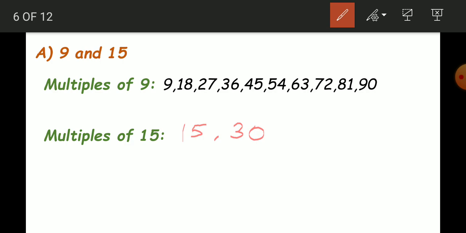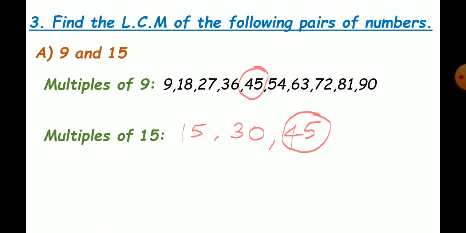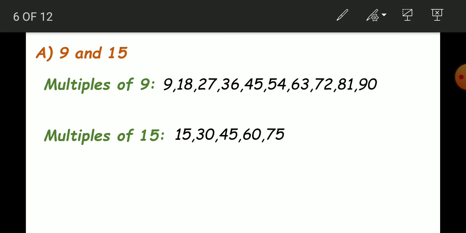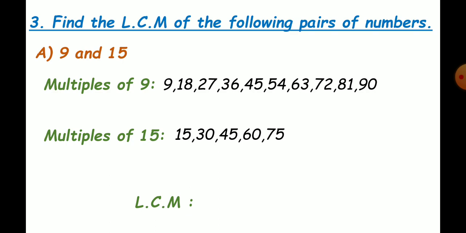So 15 and 30 are not seen in the 9 table. 15 threes are 45. Now 45 comes in the 9 table, right? So the first common multiple is 45. So 45 is also the least common multiple. So check here, children. 45 comes and then LCM is 45.